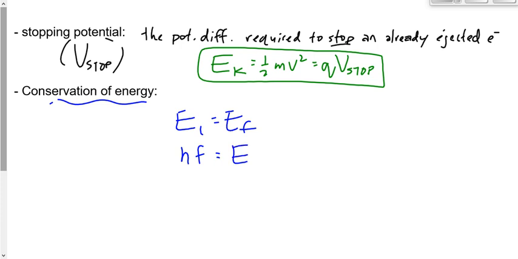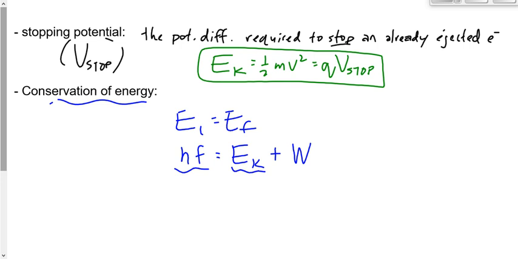It's the electron. The energy of the photon that we start with is equal to the energy of the electron that we end with, except that's not quite right, because we use up a little bit in the process. Remember what we call the energy that's used up in the process of ejecting an electron? It's the work function. So the amount that we start with is the amount that we end with.